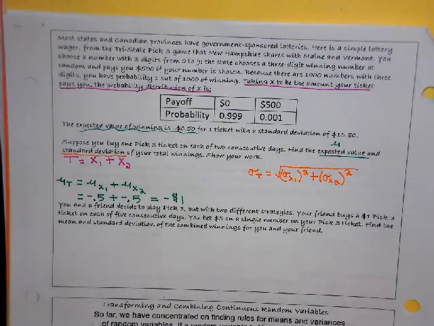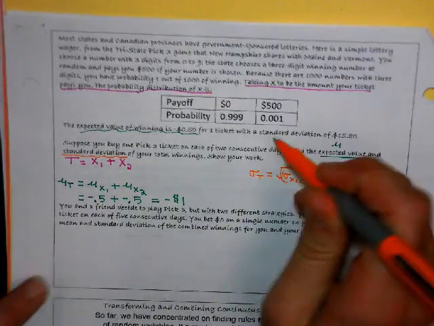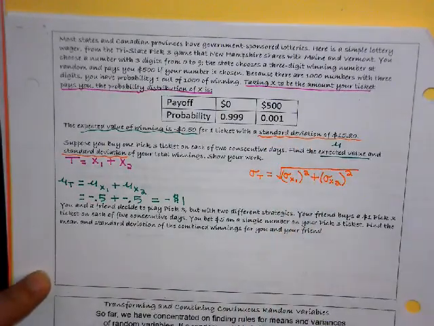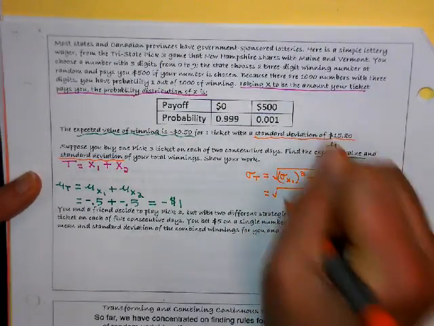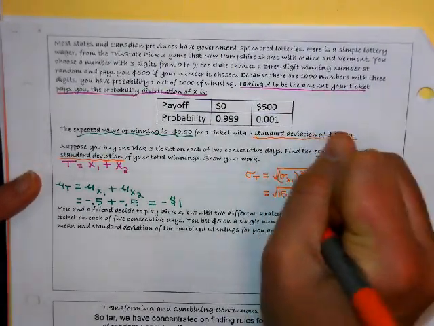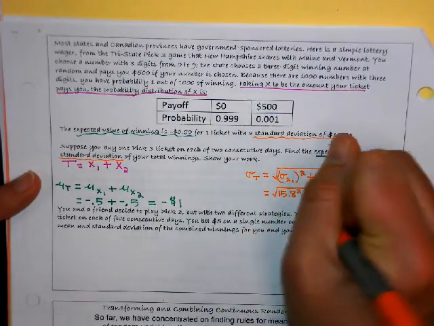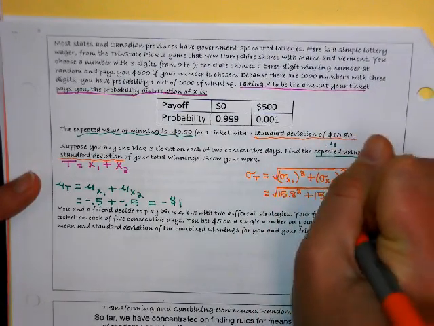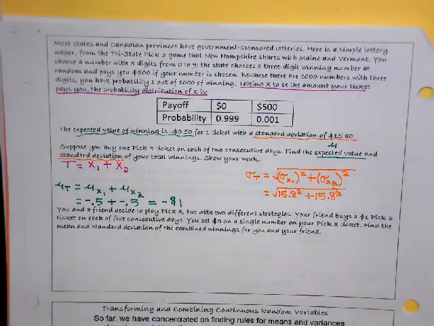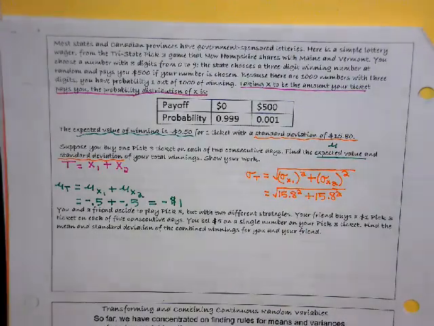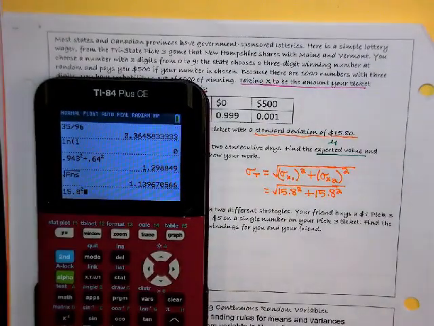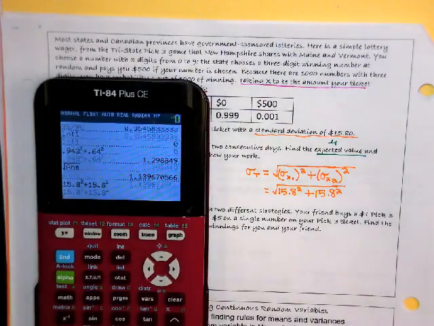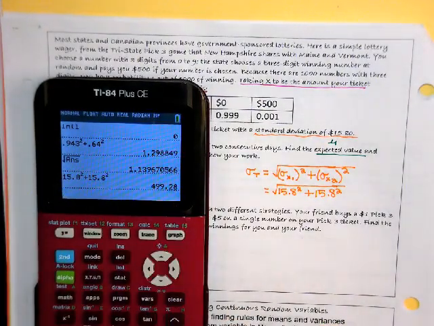The standard deviation is 15.80. So we're going to take the square root of 15.80 squared plus 15.80 squared. 15.80 squared plus 15.80 squared gives us 499.28, and then we're going to square root.